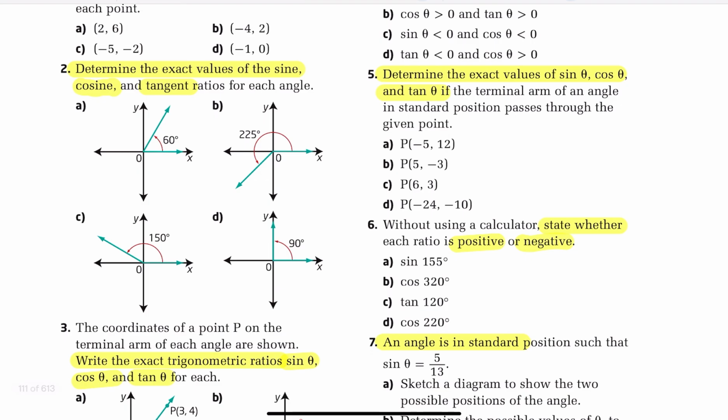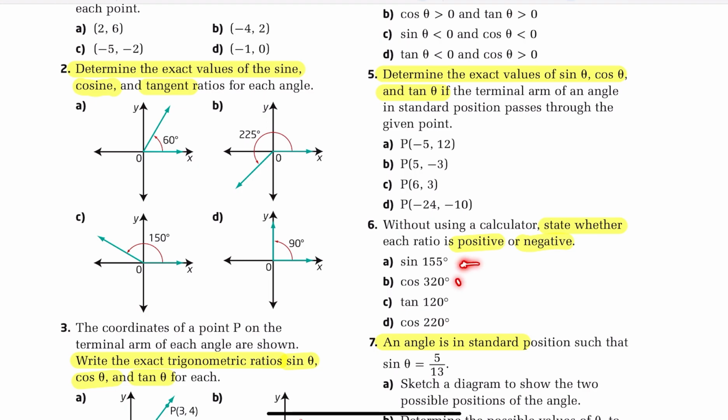Without using a calculator, state whether each ratio is positive or negative. This is a very, very easy one also. The angle is in quadrant number 2, so the sine of 155 is positive.